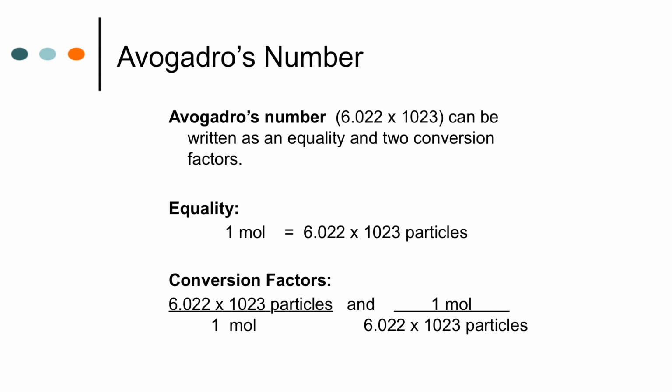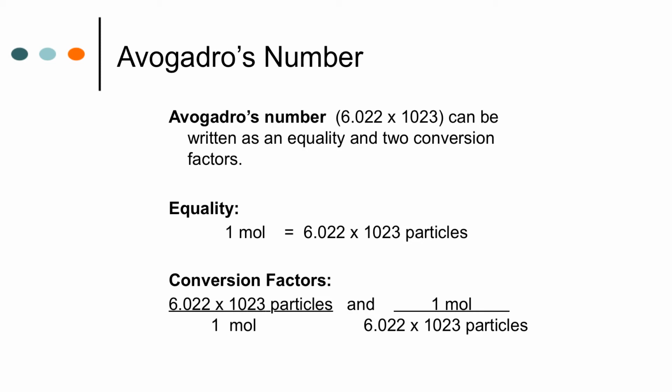So like I said, we can use this as a conversion factor if we want to know how many atoms are in a certain number of moles, or if we have a certain number of atoms, how many moles are there in that number of atoms.